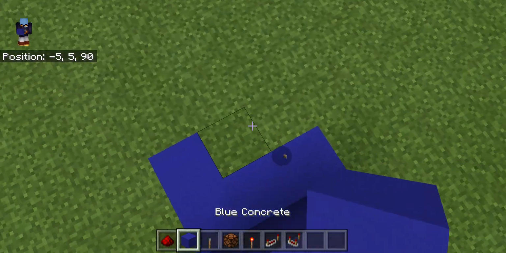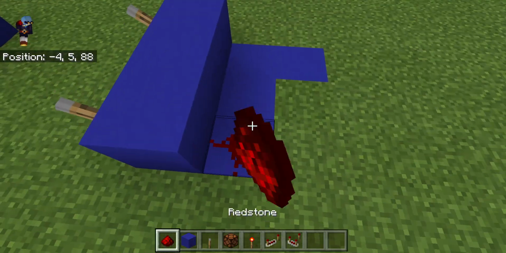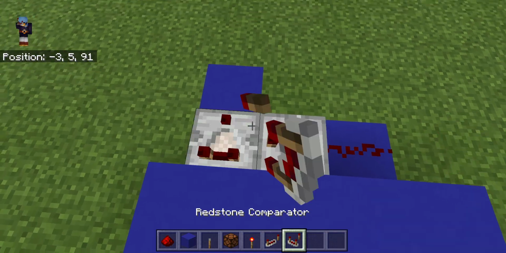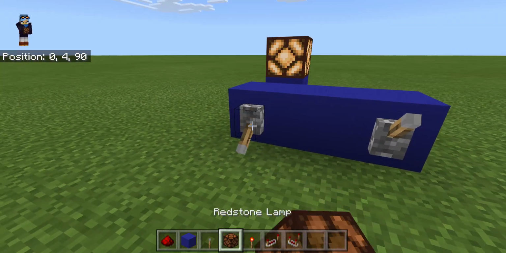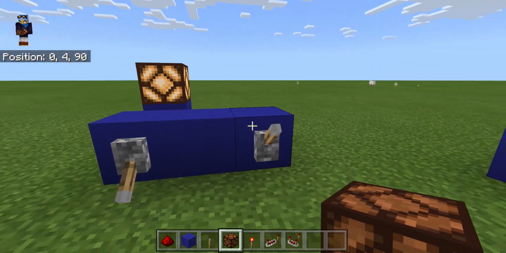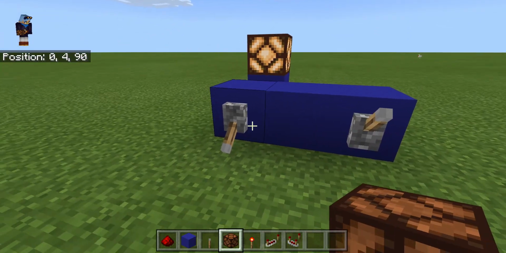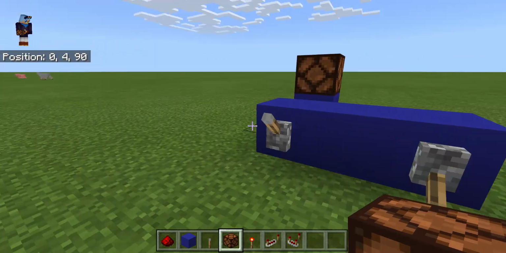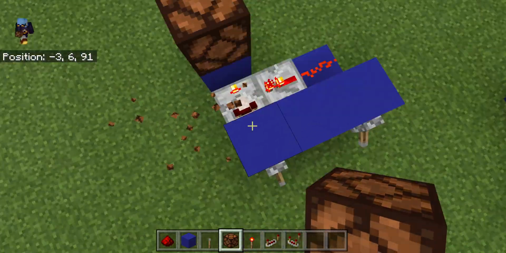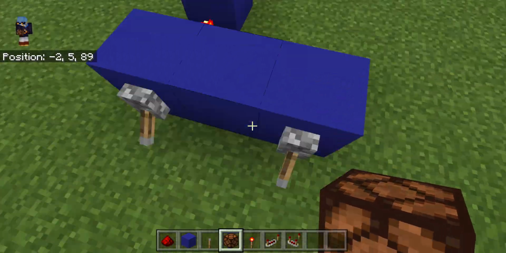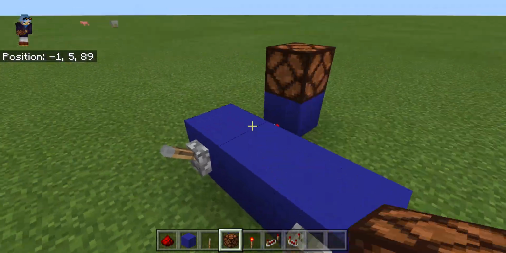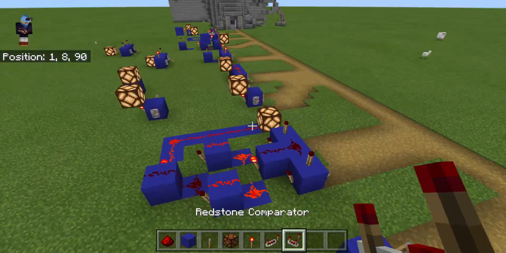They do need to be a block away because the redstone has to go into the repeater, which goes into this, which is on subtract, which goes into this, which goes right here. So only when this input is on, it'll be on. When this input's on, it'll also turn off. When both of them are off, that'll be off. This will cancel it because that's how subtract works. I didn't know it worked like that.